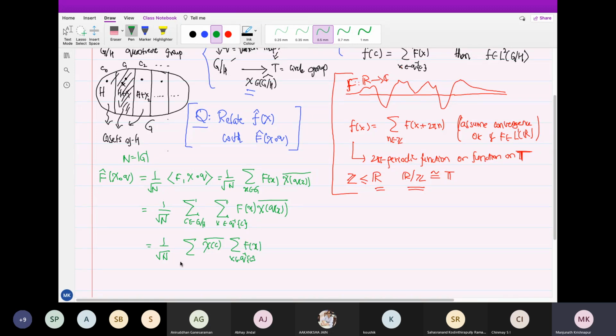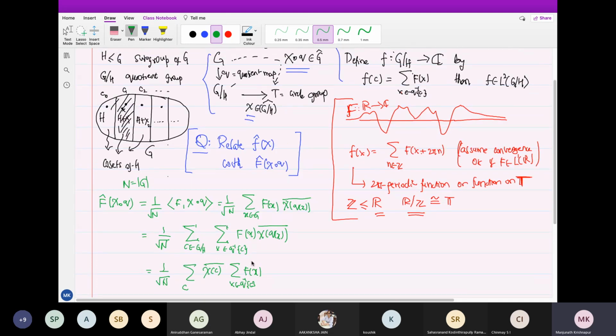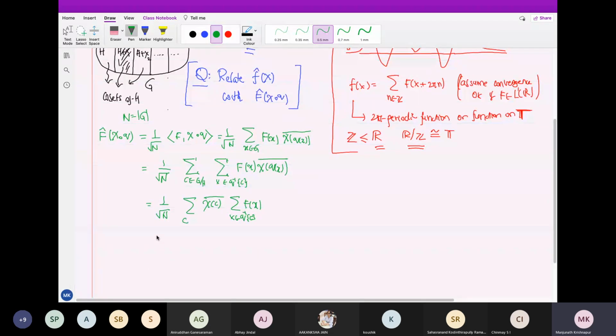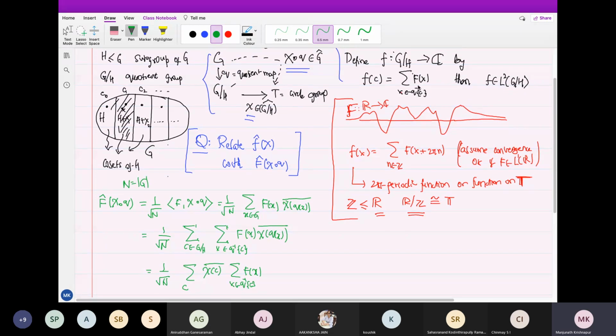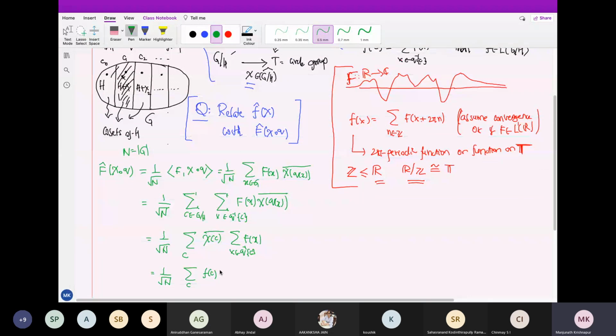But what is that? By definition, that is my small f. So that is just small f of C. By definition, f of small c is just the sum of capital F over the coset. So this is f of C chi of C bar.